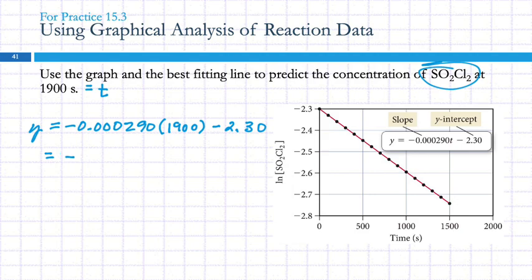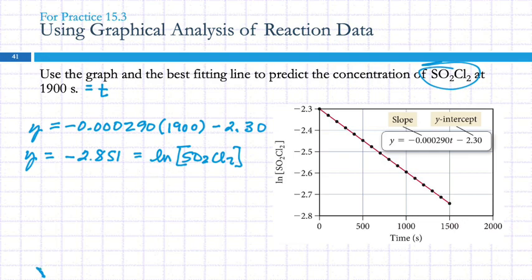And that gives me negative 2.851. And that's y, and y is equal to the natural log of the concentration we want. Yeah, so we need to undo this logarithm, right?